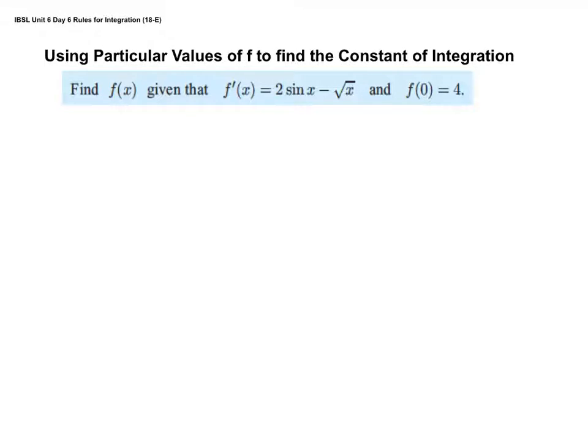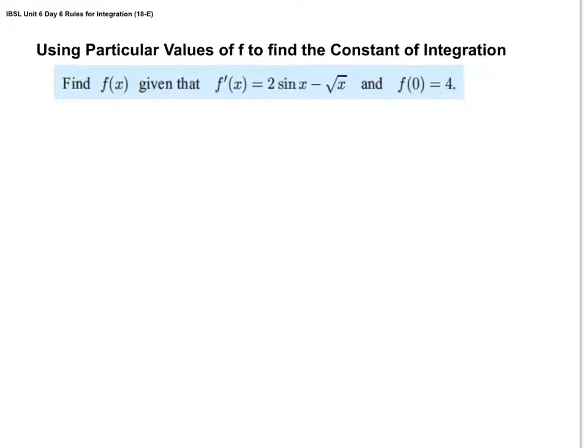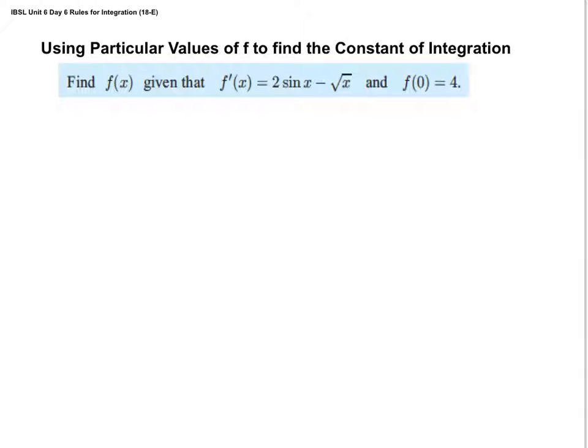If I want to find f of x when I know the derivative and I know a point on f of x, I can take the integral of the derivative.